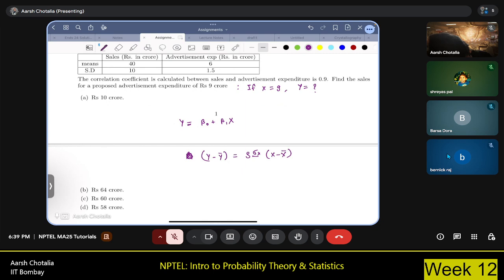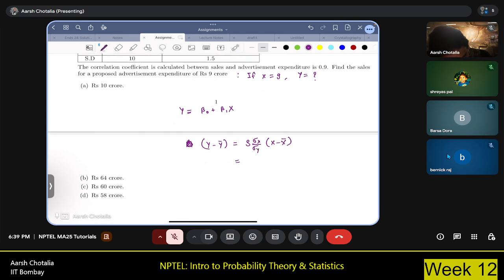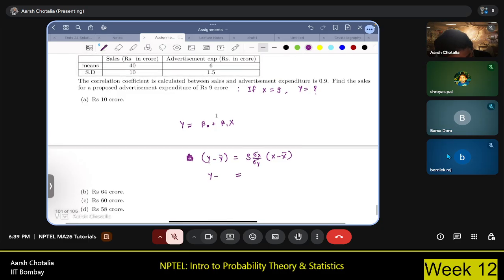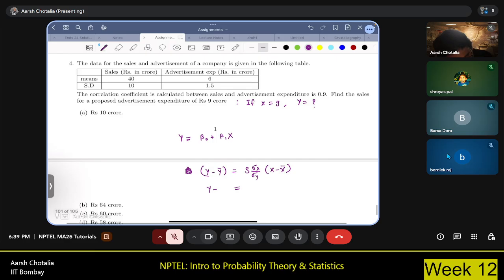Yeah, x by y. All right. So y minus y bar is, this is our y, this is x. So y bar is 6. Sorry, I wrote it the opposite way. X minus x bar would be that thing.